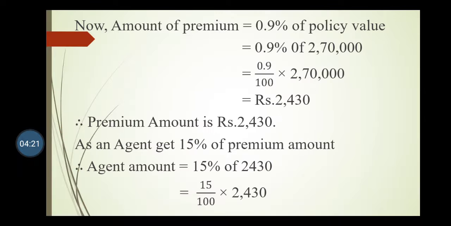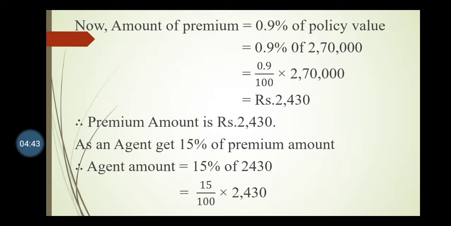Okay. Now amount of premium equals 0.9% of policy value, that means 0.9 upon 100 into 2,70,000, which is equal to rupees 2,430. This is the amount of premium.